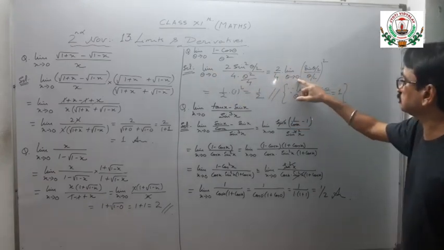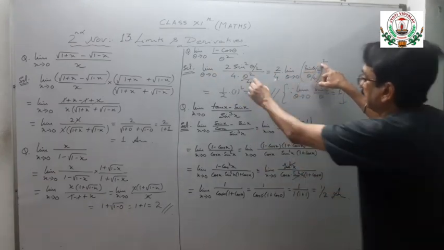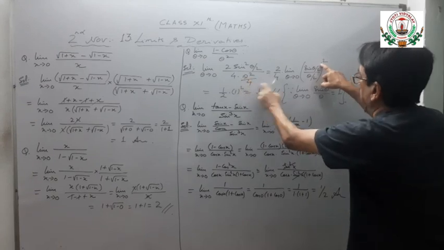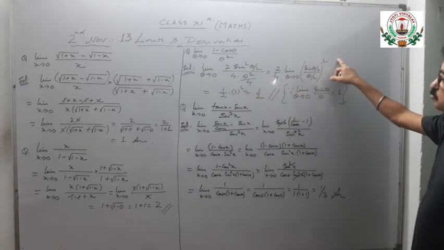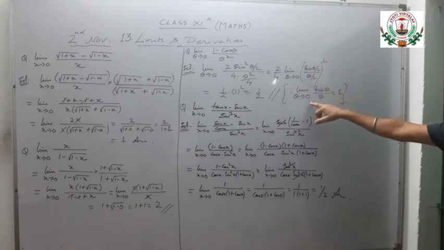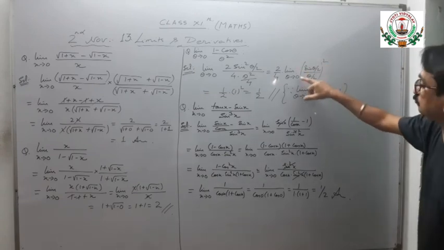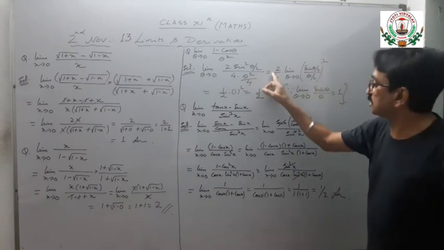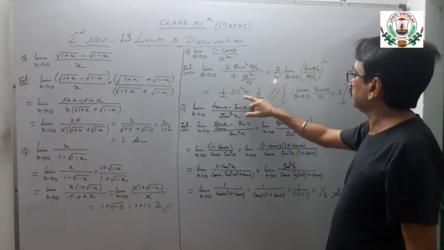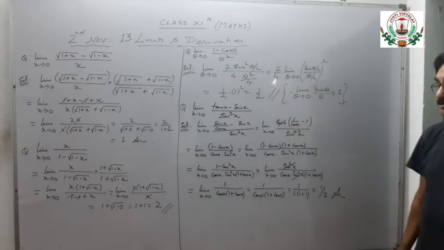Limit theta tends to 0, sin theta by 2, and this theta square by 4 can be written as theta by 2 the whole square. As we know that limit theta tends to 0, sin theta by theta is given 1. So this value will become 1. So 1 by 2 into 1 square will be equal to its value 1 by 2.